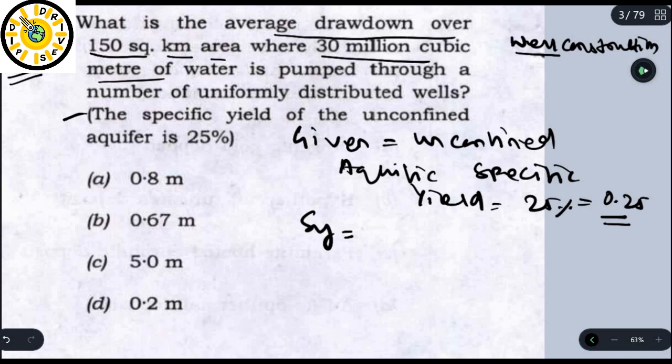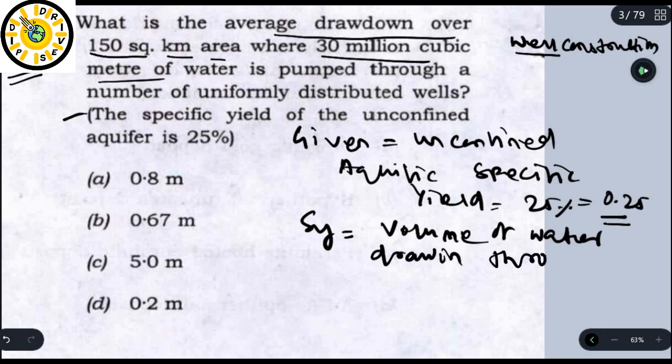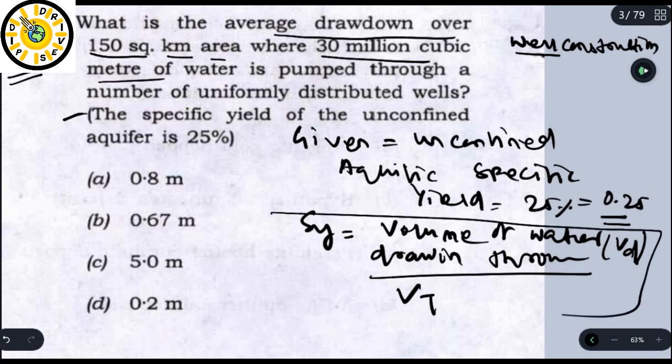Right? So specific yield is the volume of water that is drained through gravity upon the total volume Vt. So volume of water drained upon total volume.